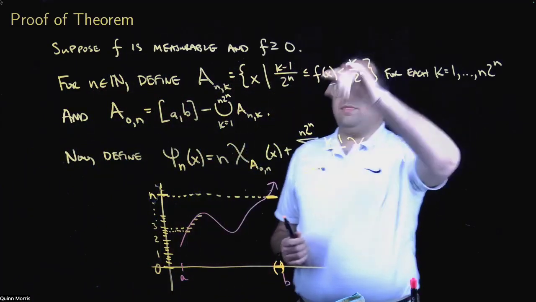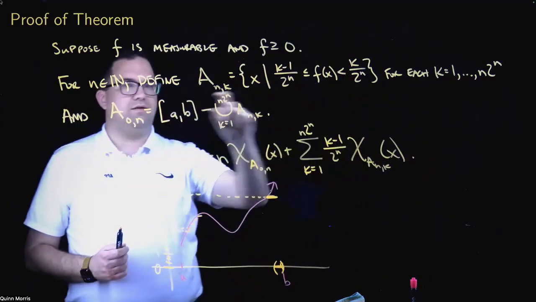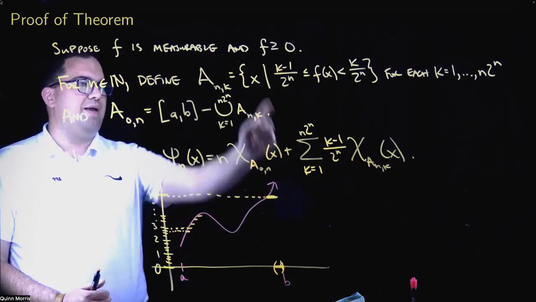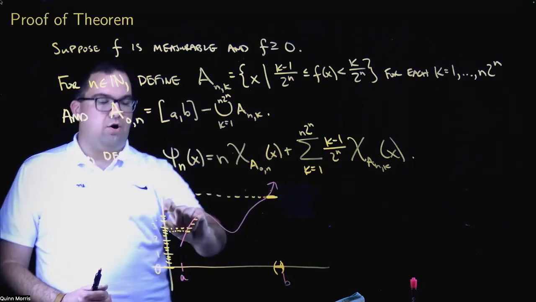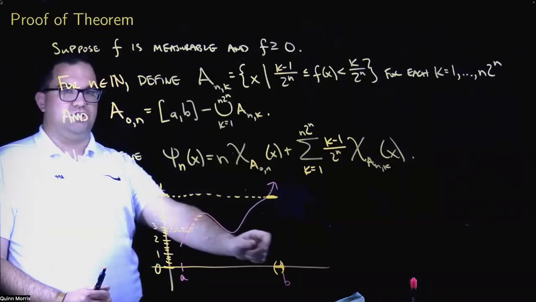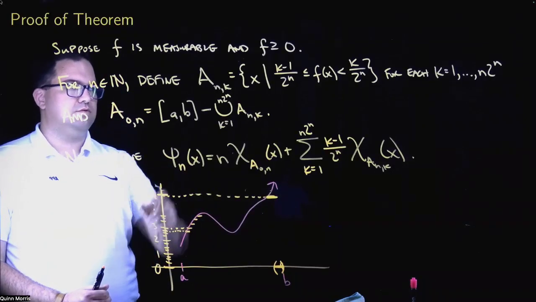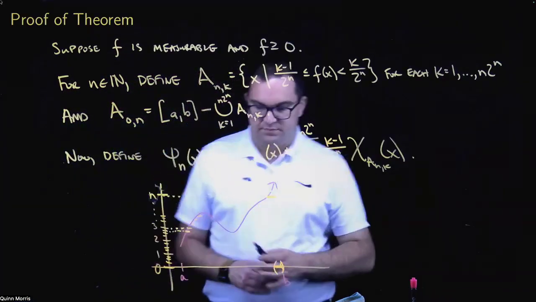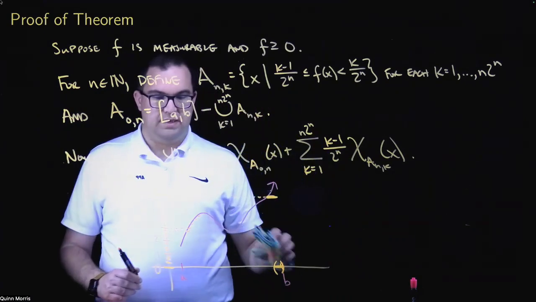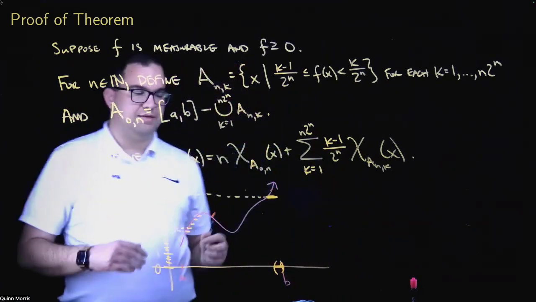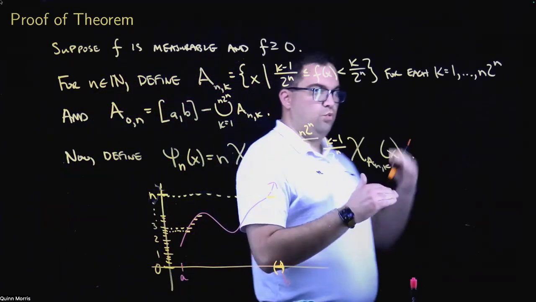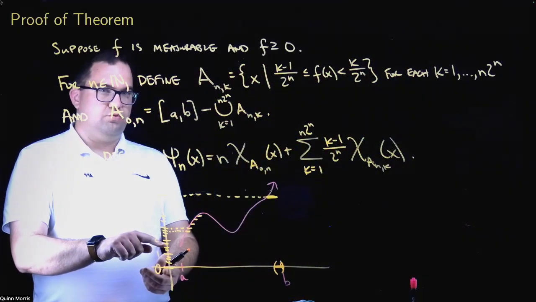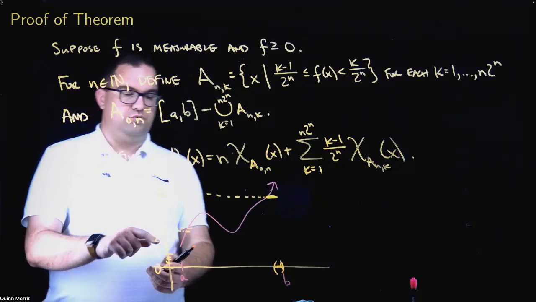So what this is doing is defining subsets of your domain where your outputs are in these particular partitions of the range. And so what you do is you start by saying, when n is 1, you take your domain from 0 to 1, you break it up into two pieces.